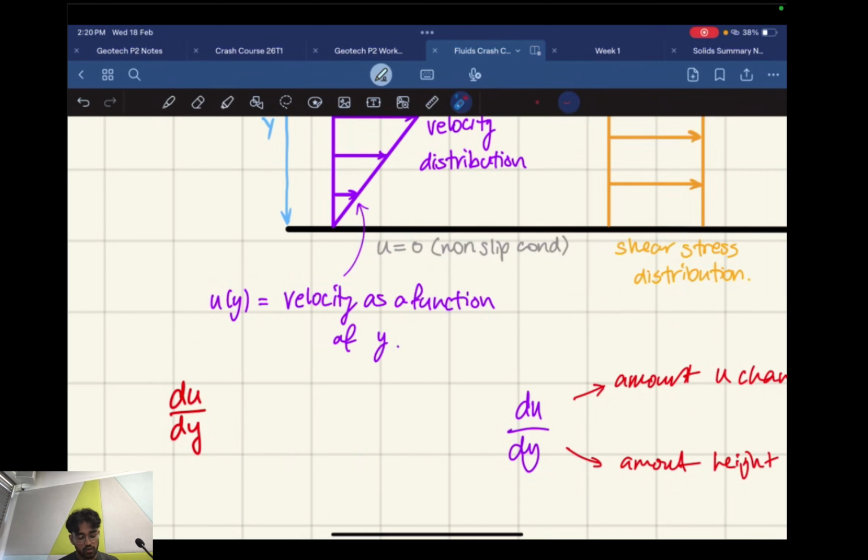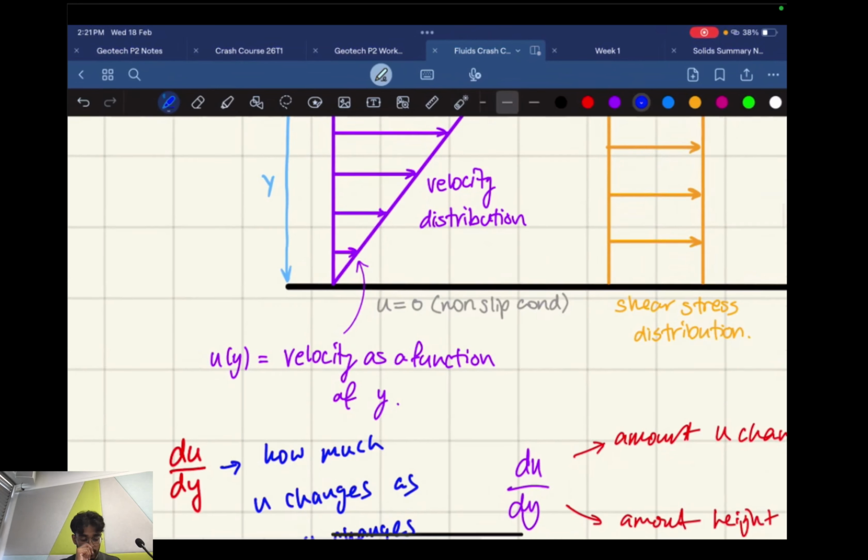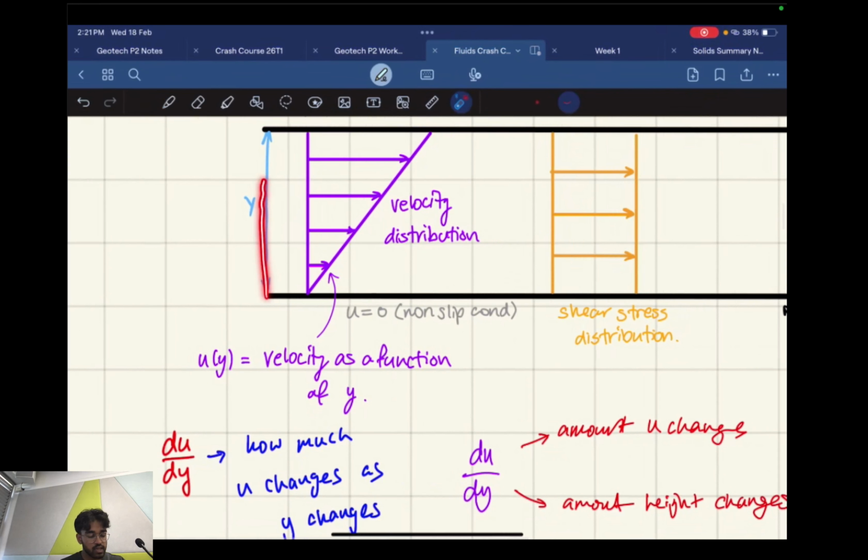So this is pretty much denoting how much u changes as y changes, essentially.